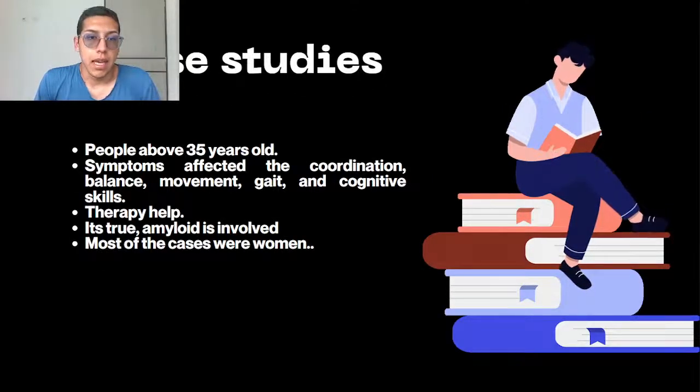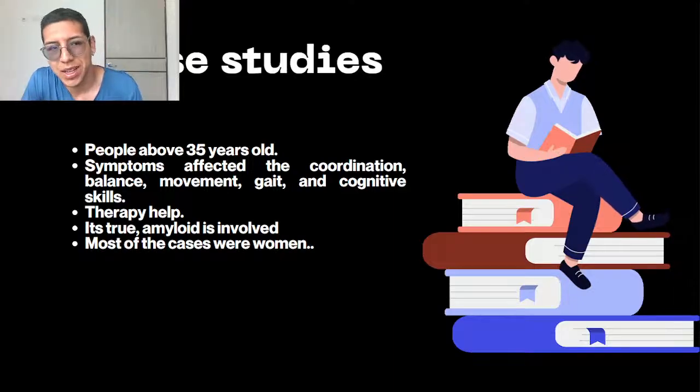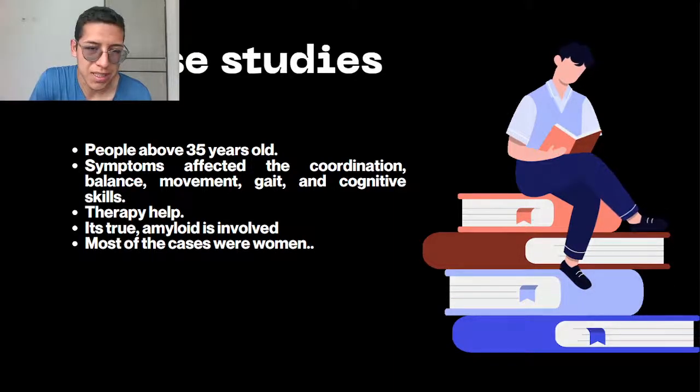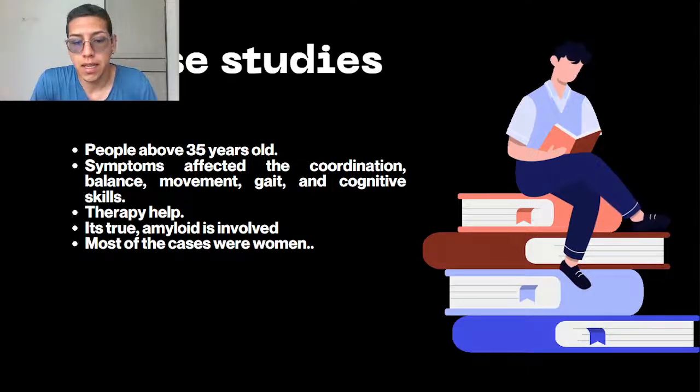Okay, the case studies. I selected five case studies and I summarized them. I just want to show here the principal points of these studies. The first one is that all the cases treated people above 35 years old.